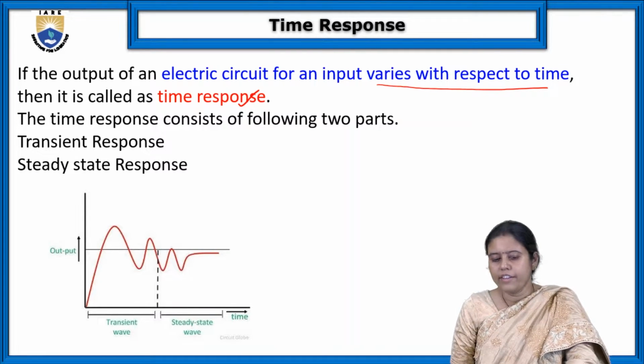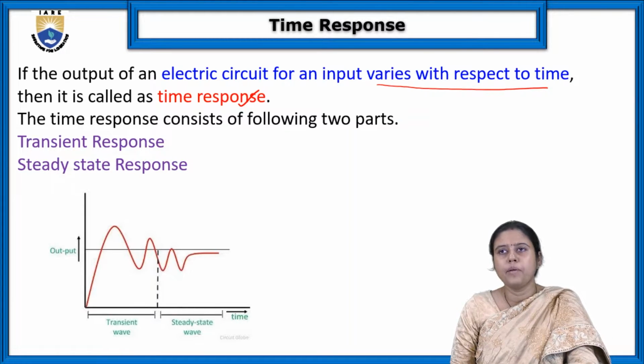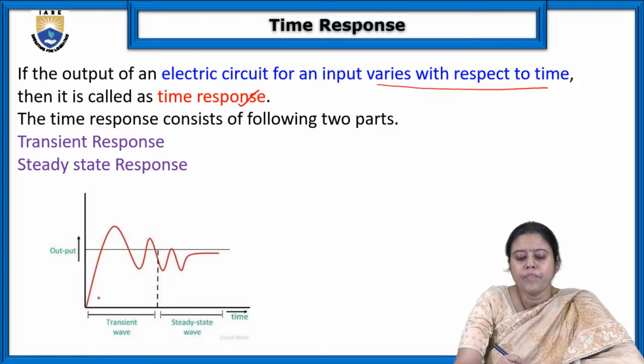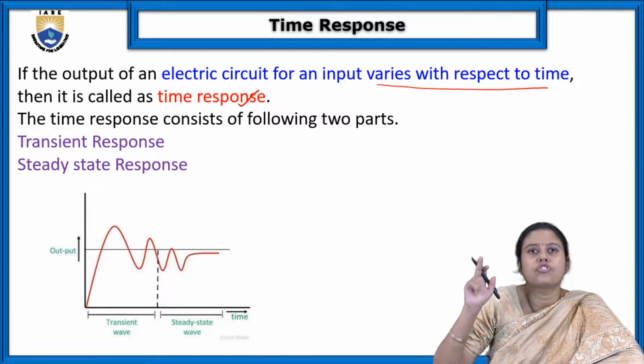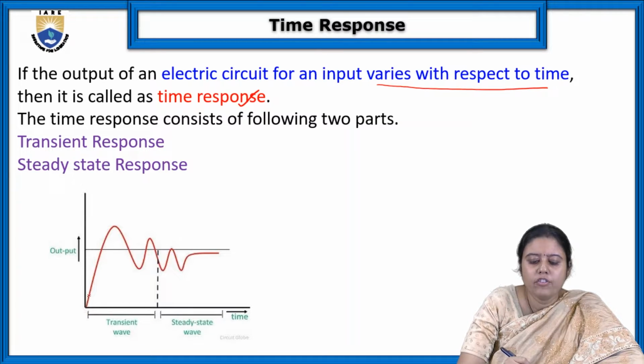The time response consists of the following two parts. One is called the transient response, another one is called the steady state response. What is the transient response? As I told, when you switch off the fan, it will not stop instantaneously. It will slowly decrease its speed and it will come to a stable condition.